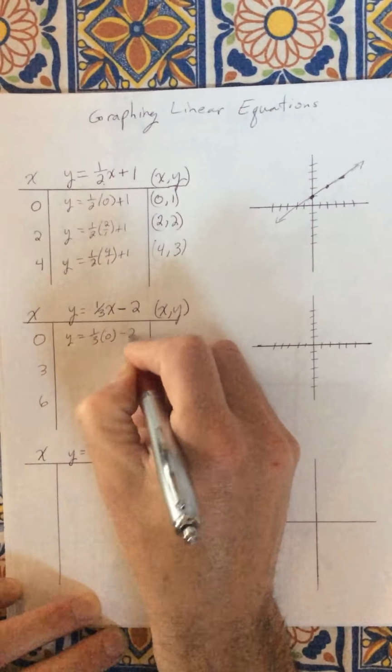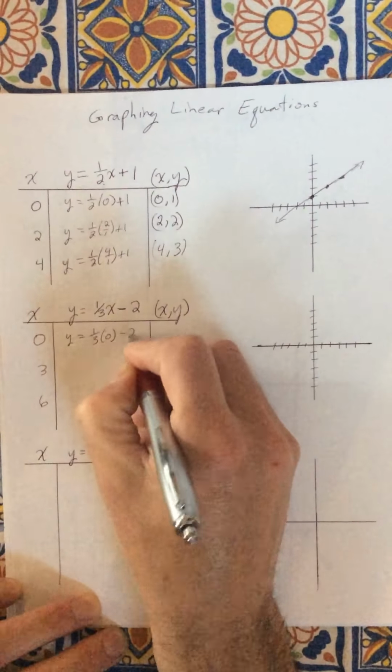So we end up with 3, negative 1. And then y equals 1/3 times 6 over 1 minus 2. 6 over 3 is 2. 2 minus 2 is 0. So 6, 0.